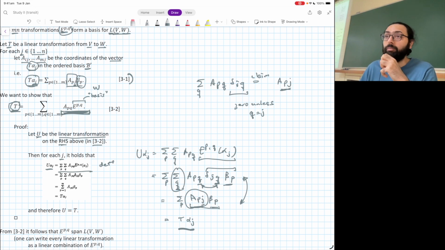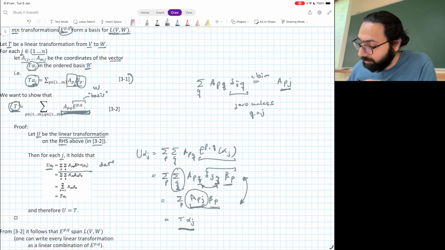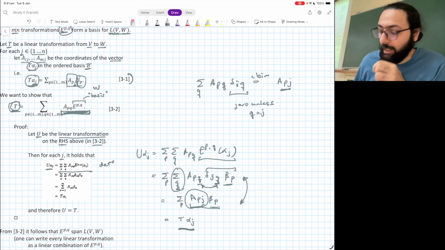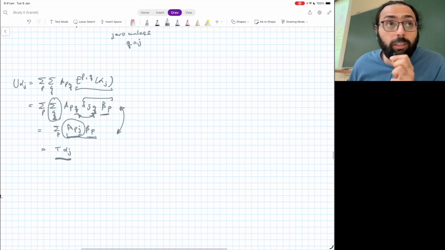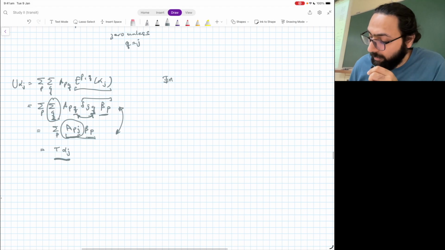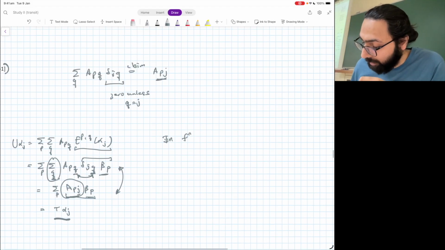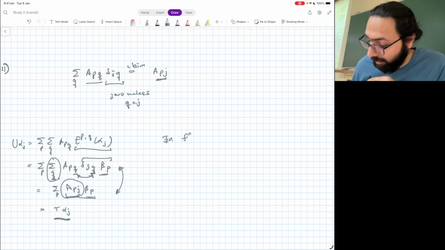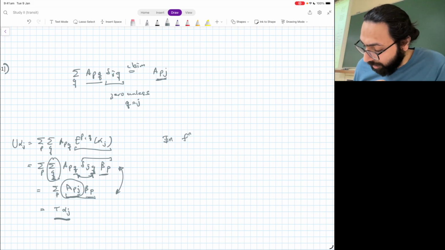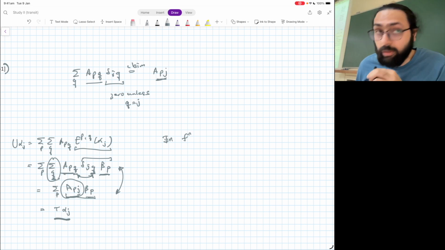Is that okay? Sorry, I didn't catch that. Let me write down what you're saying. Say it again, say it slowly. In the function APQ, you're multiplying APQ and beta. Yeah, but this is just a scalar.